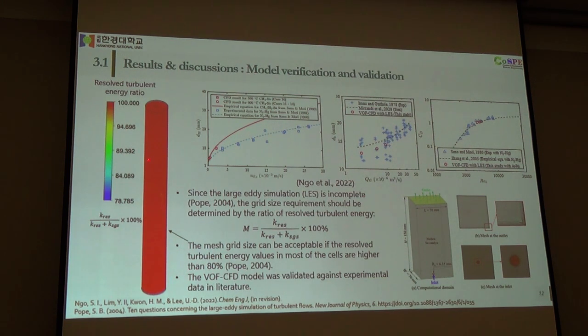You can see that most of the cells are higher than 80%, so the current cell size is enough for the LES. And we also validated our model against experimental data from the literature using a different geometry.